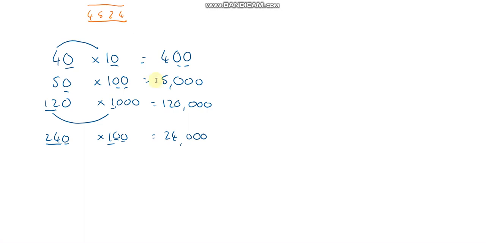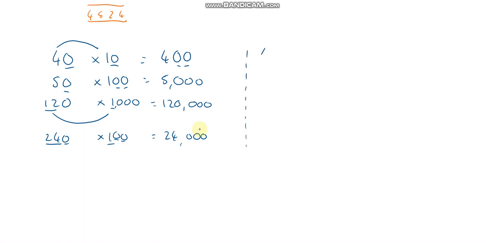So when you multiply by 10, 100, 1,000, multiply your first two numbers, which really means just write your first number, doesn't it? If you look at the pattern there, 4 times 1 is 4, 5 times 1 is 5. You're just writing your first number and then adding all the zeros on. Again, there's a better way to do that, which we'll learn, but this is just to get us started.